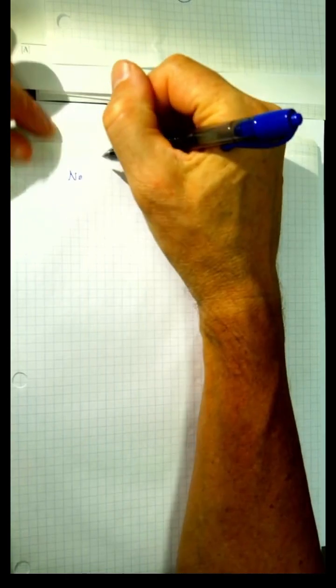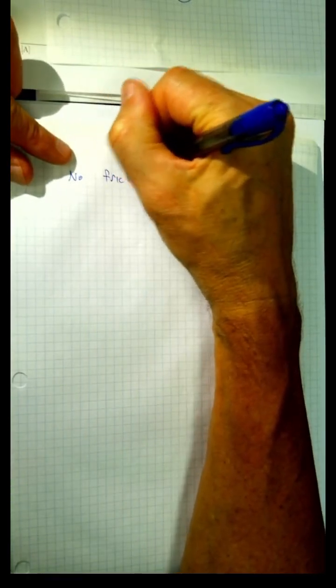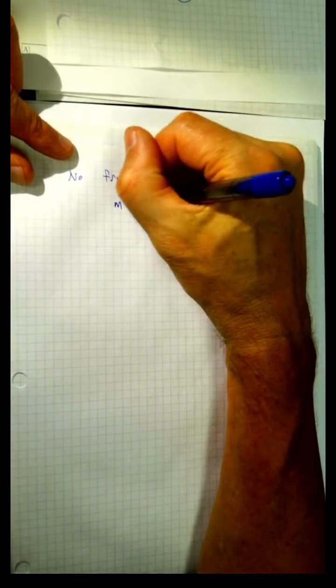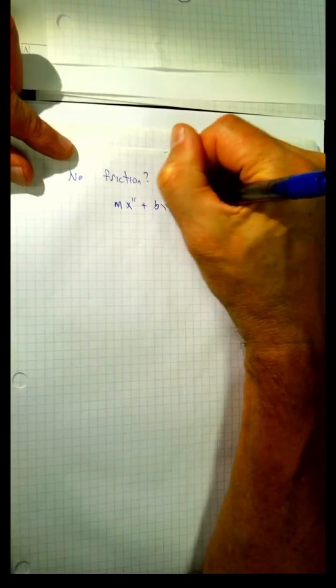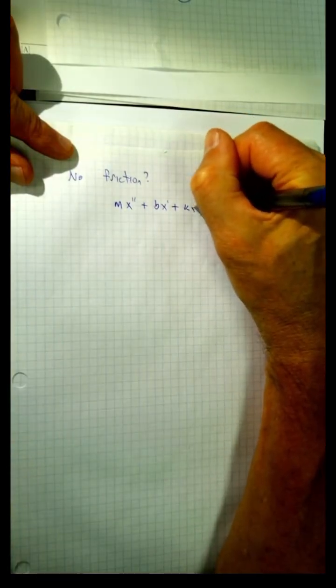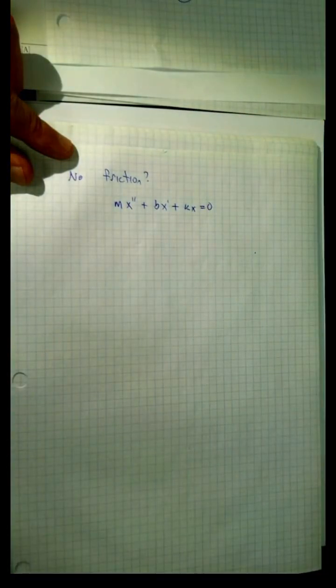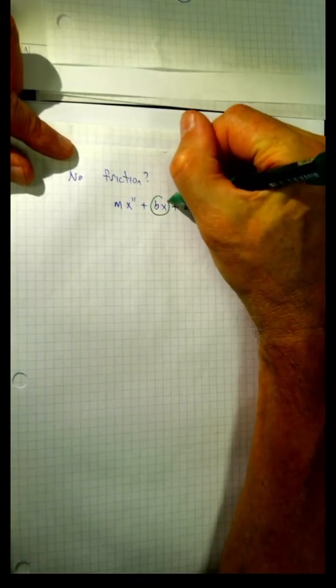Real quick here, we're going to ask what happens if there's no friction. So what did we have? We had m x double dot plus b x prime plus kx is 0. If there's no friction, that means b is 0.